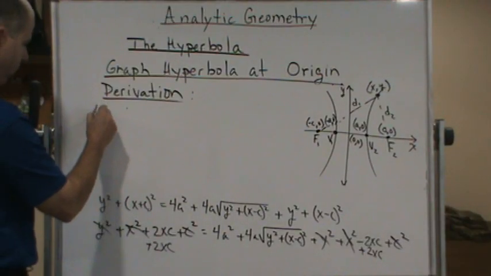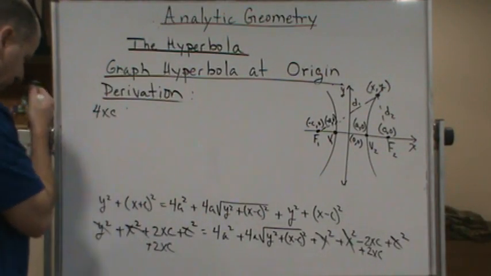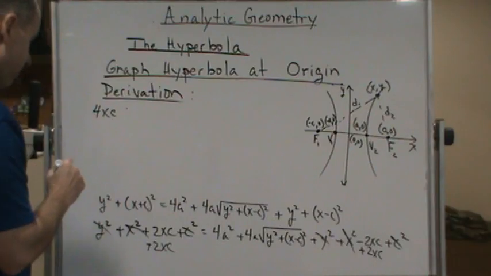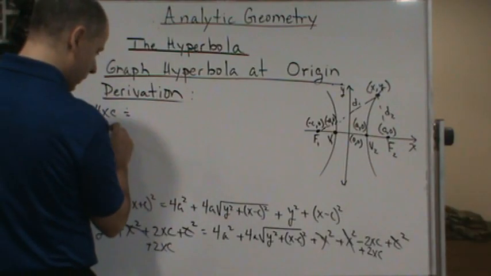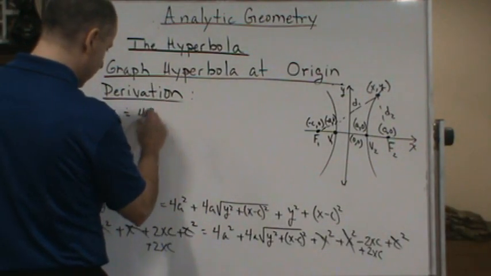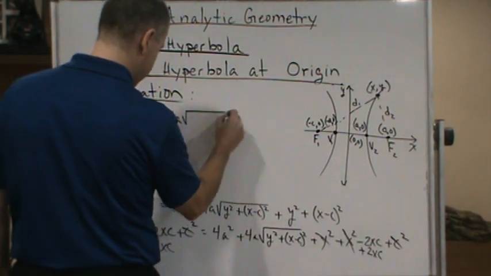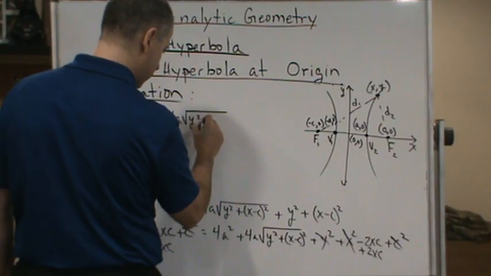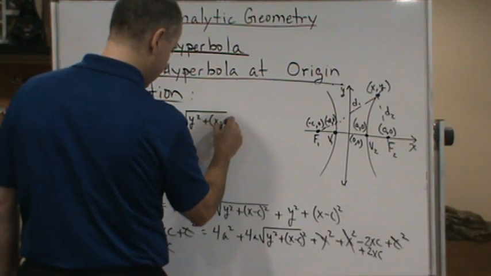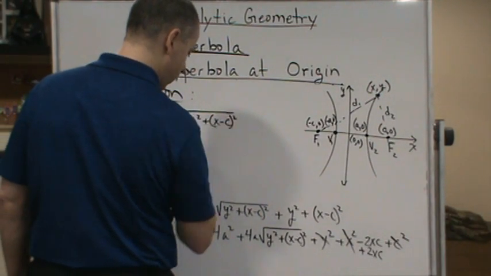That's going to give us 4xc equals 4a squared plus 4a times the square root of y squared plus x minus c quantity squared.